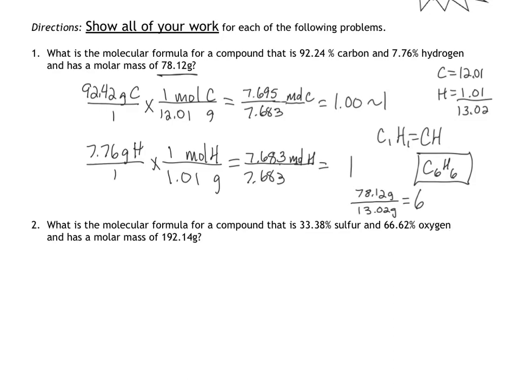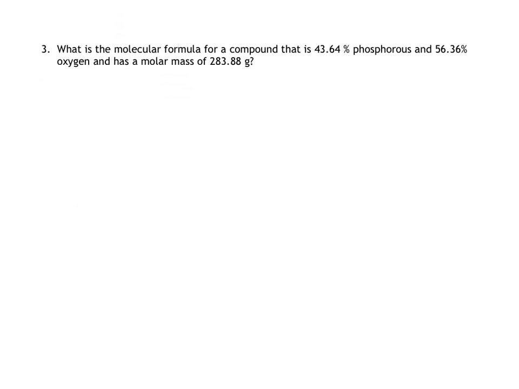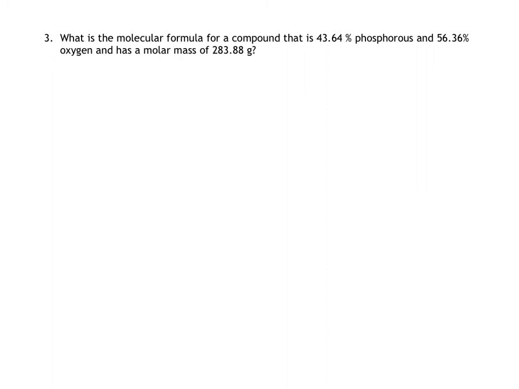Let's go ahead and try question number 2. Or sorry, number 3. Again, percent to mass. And that's of phosphorus. And then I've got 56.36 grams of oxygen. Putting that over 1, so percent to mass.